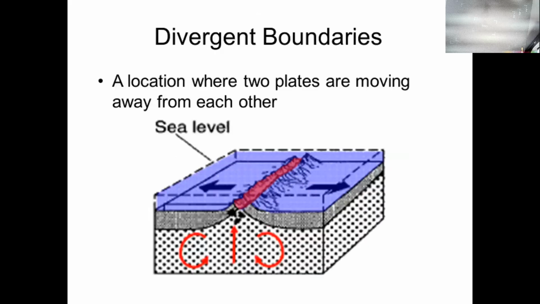At the very top, and I know you have to write kind of small, for divergent plate boundaries, it's a location where two plates are moving away from each other. Now you don't really have to memorize this, because the picture told you.